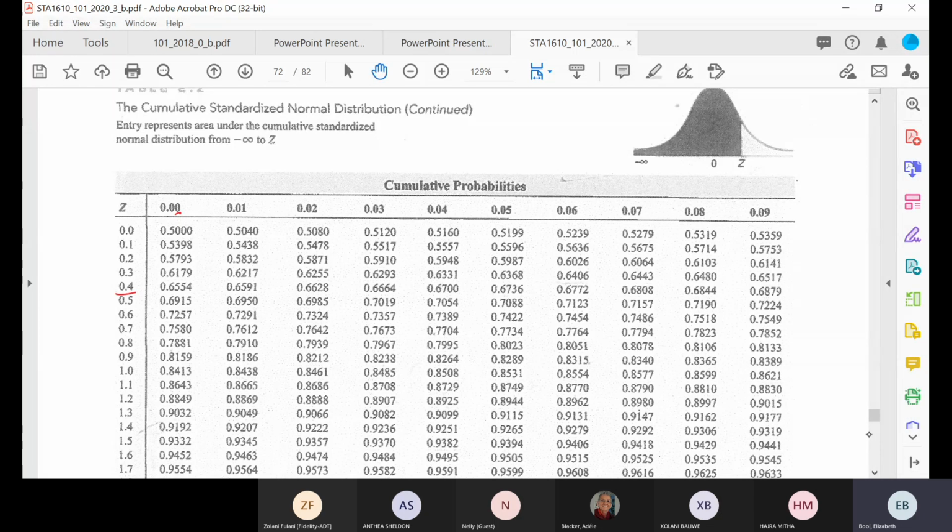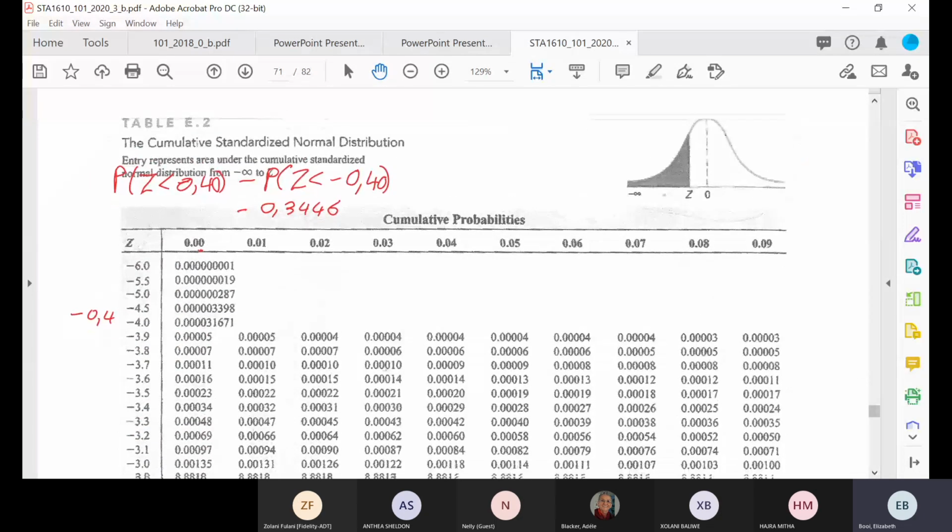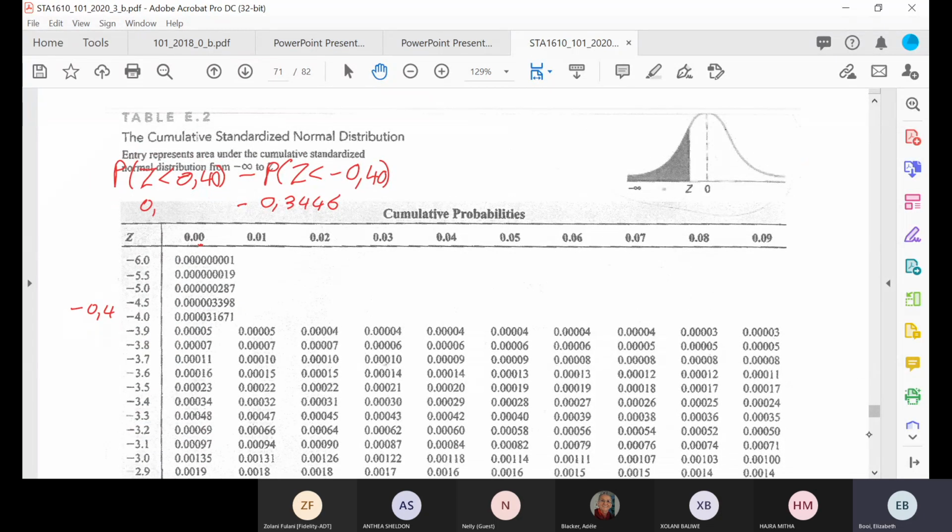Where they both meet, that will be the probability we're looking for. 0,6554. Going back, we have 0,6554. And that's what we're going to write on our probability tables.